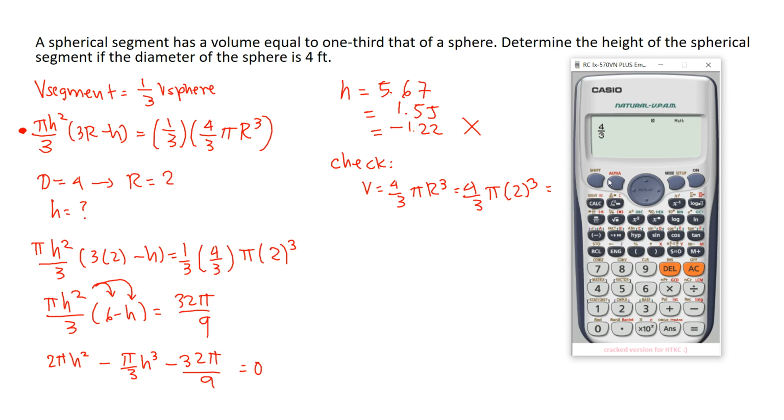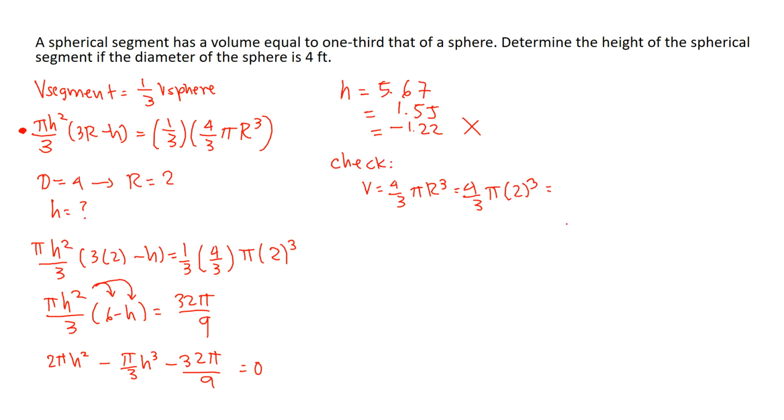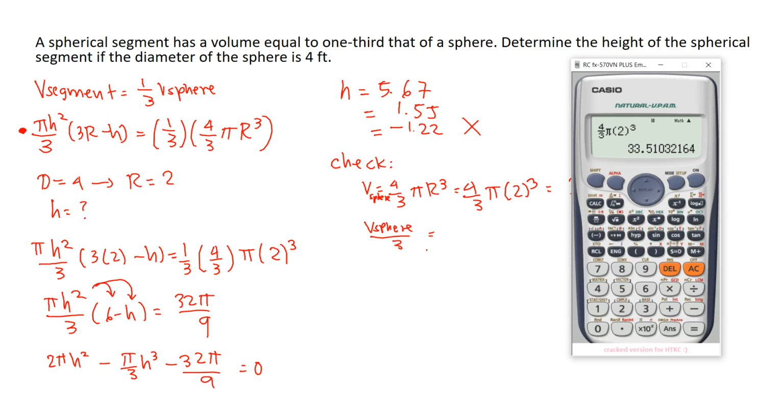That becomes 33.51. That's the volume of the sphere. So if you wanna get 1/3, 1/3 lang man imong kuhaon. So pila man ang volume sa imong sphere, divide na ko og 3 just to get the 1/3 of that. Pila makuha na to?